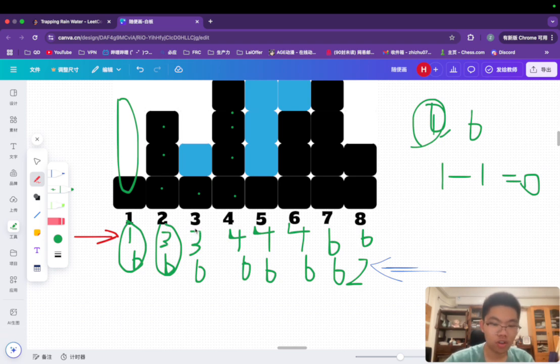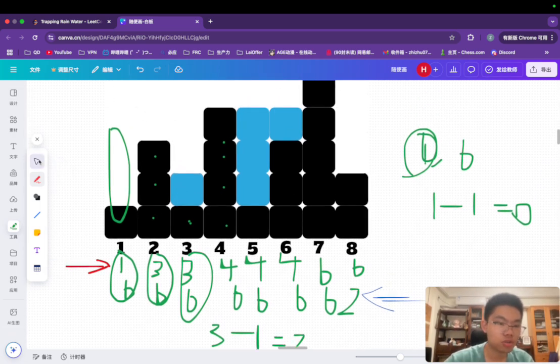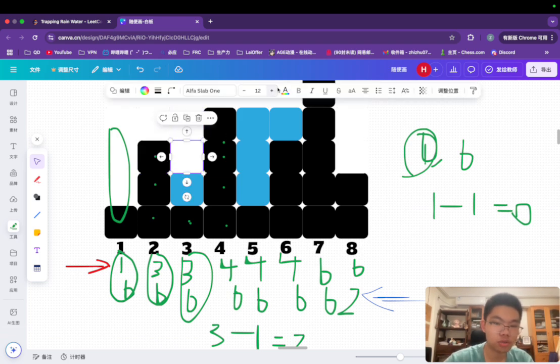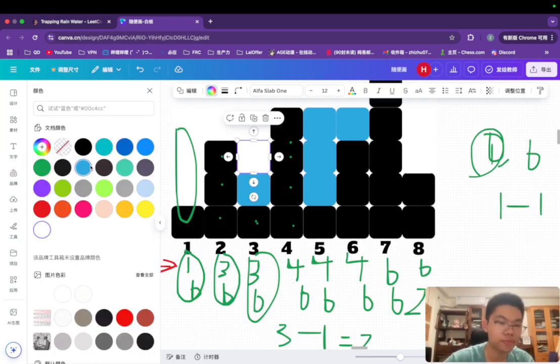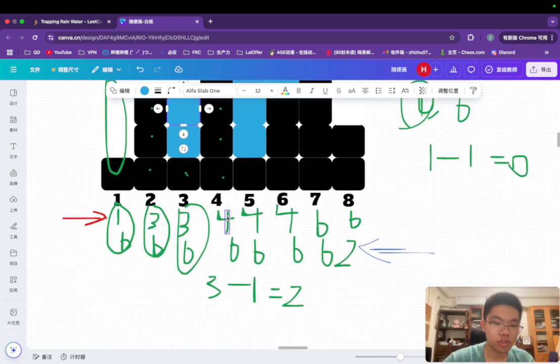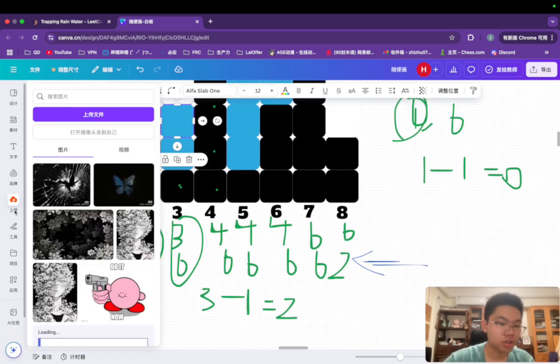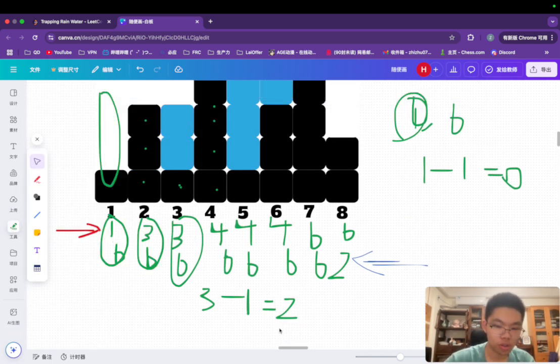And for the third position, the smaller one between 3 and 6 is 3, and the value of this position is 1. So 3 minus 1 is 2. Oh, sorry, this drawing is not correct, since here clearly we can trap 2 units of water. So 2 is the right answer for this position.